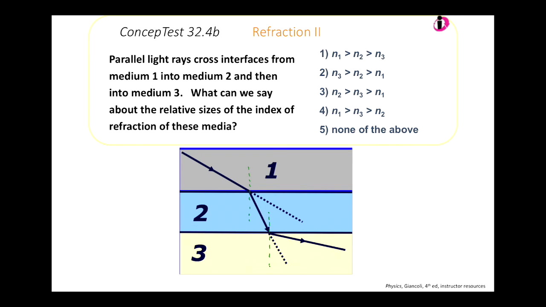So let's think about this frontwards first. In which medium do you think the light is going fastest? Why 3? It moves the furthest away from the normal. I would agree that it's going the fastest here. Which one do you think is the slowest? 2? Are you sure? Okay, I think I would agree with that.